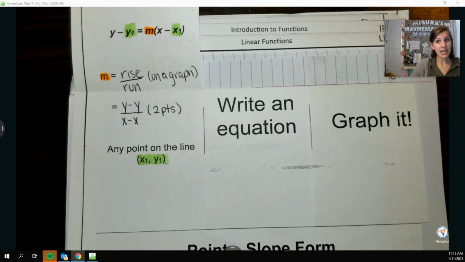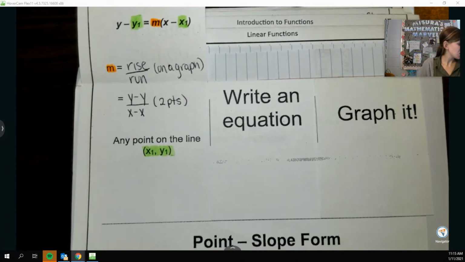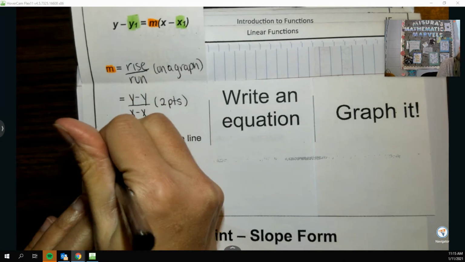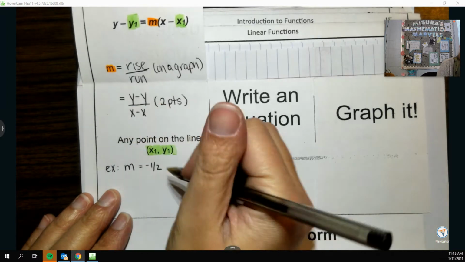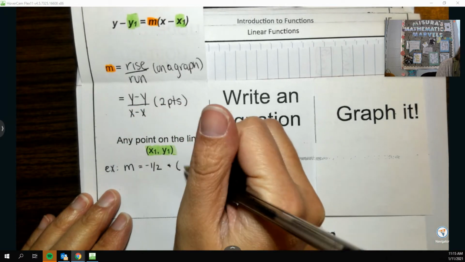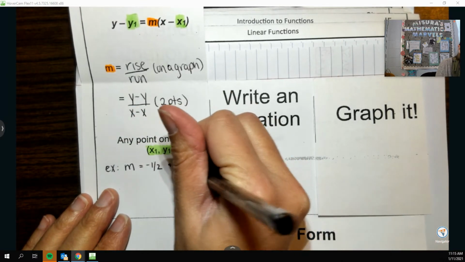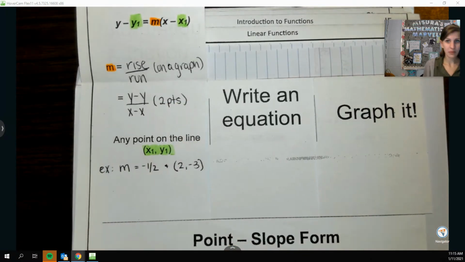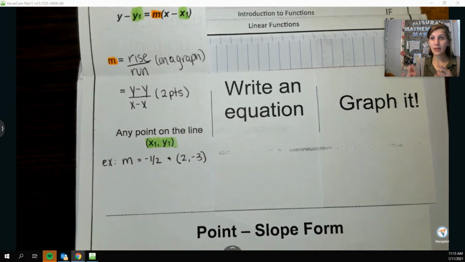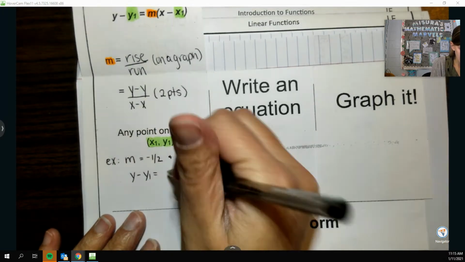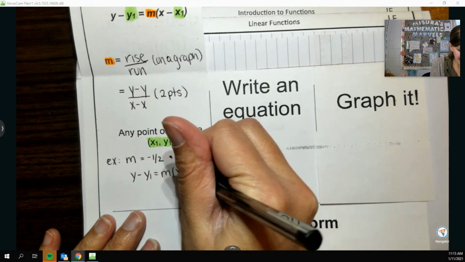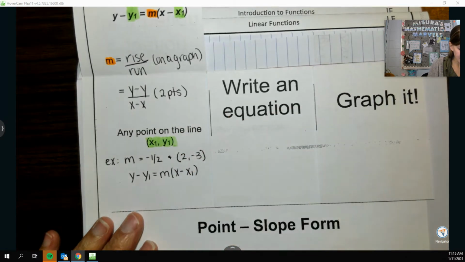Remember, x is with x and y is with y. And so quick little example is if they tell me the slope is -0.5, and they tell me that a point on the line is 2, -3, we want to write our point slope form as y minus y1 equals m parenthesis x minus x1.